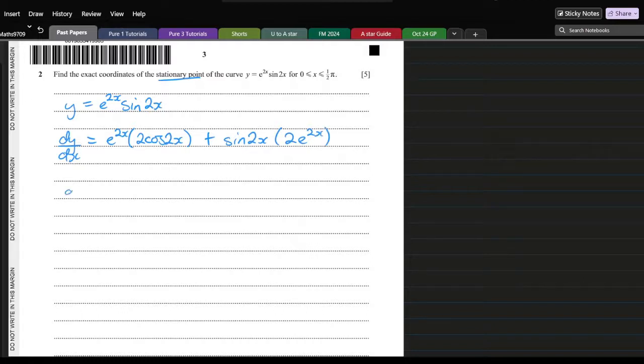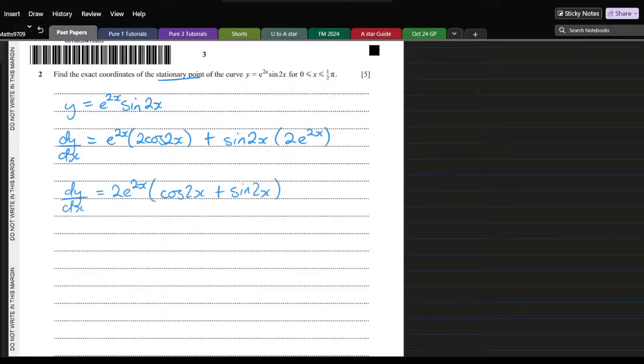Alright, so dy dx is equal to, here we can factor out a 2e to the 2x in both terms, so 2e to the 2x, and here on the first term we remain with the cos 2x. From the second term we get our sine 2x. Alright, and this is our dy dx.